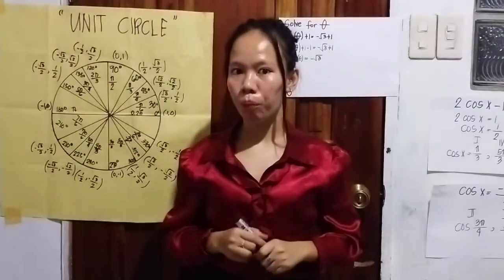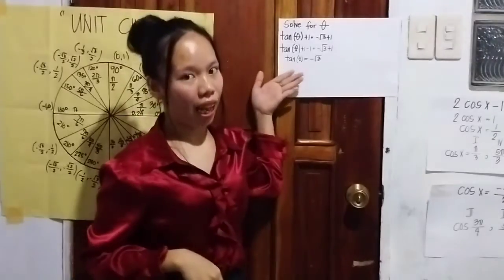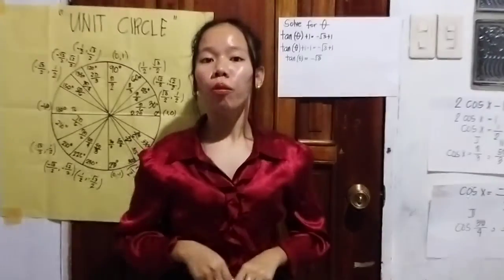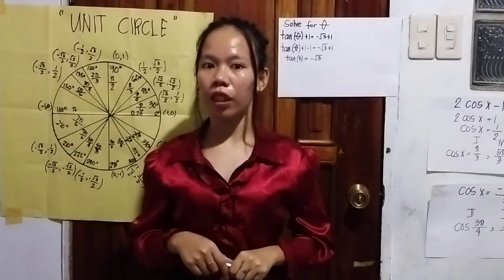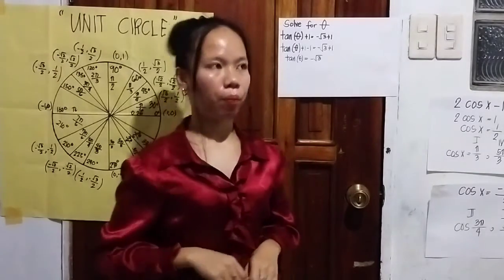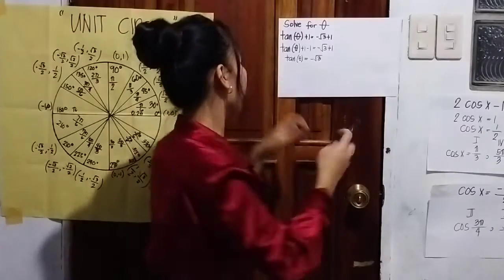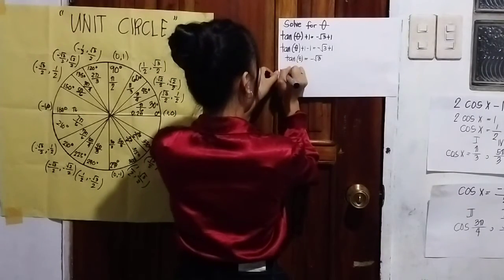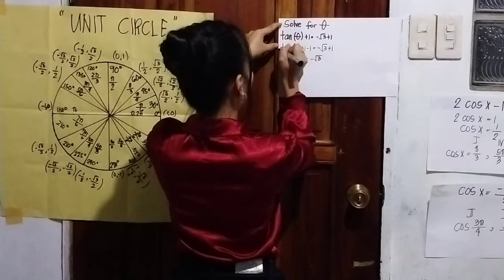Then step 2, to isolate theta, we perform the inverse trigonometric operation. So let's do it again. This is step 1.